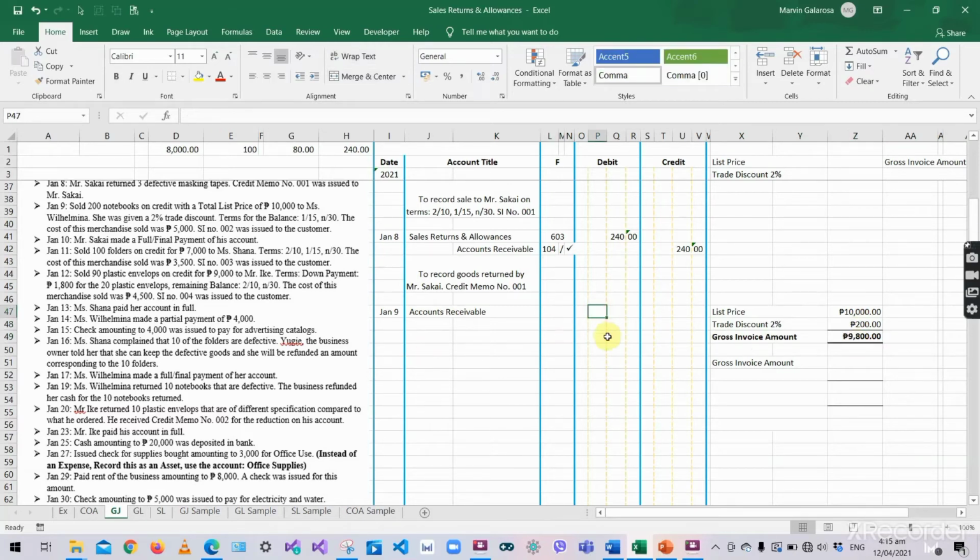So, yung gross invoice amount na lang na 9,800. Credit sales 9,800.